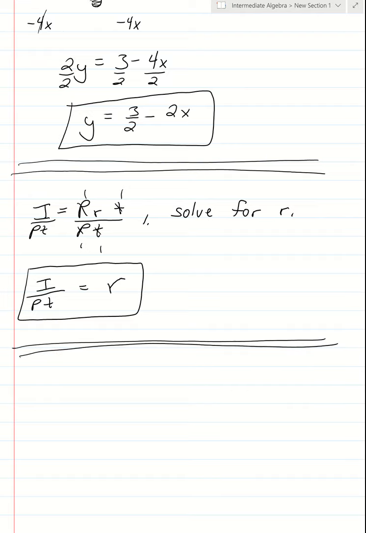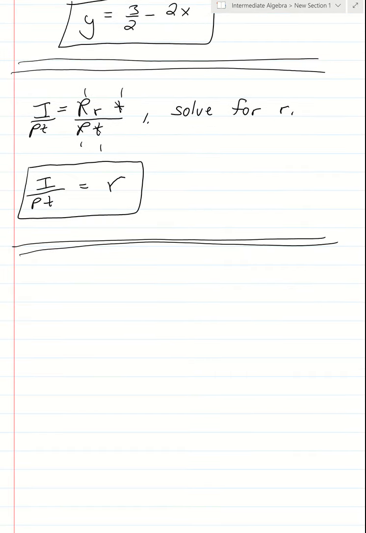Another formula, maybe from chemistry or physics, I'm not quite sure, but I do recall a formula that PV equals nRT. That's another formula from another class.